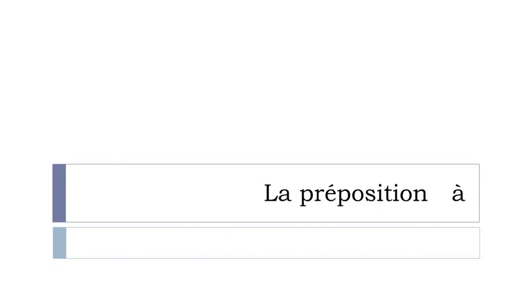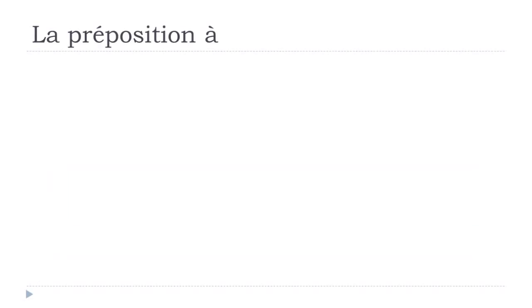La préposition à. Okay, so in the previous lesson, I introduced the modification of this preposition à when it's combined with articles. So I would definitely advise you to watch it if you didn't. And then in that lesson, we'll discover the different uses of la préposition à. And you'll see that it's a long video. Why?